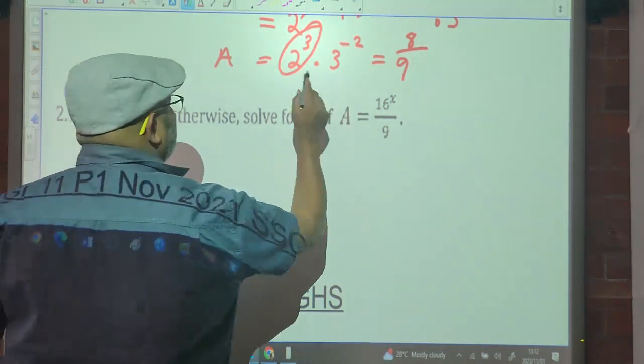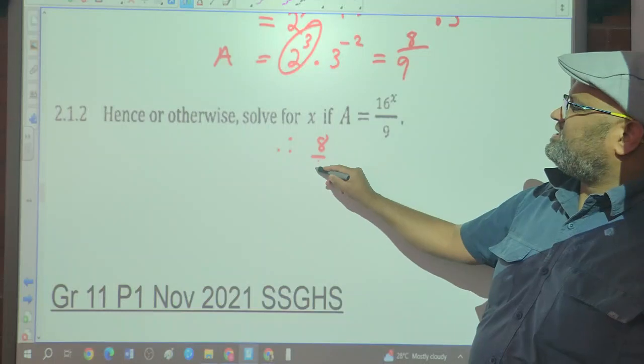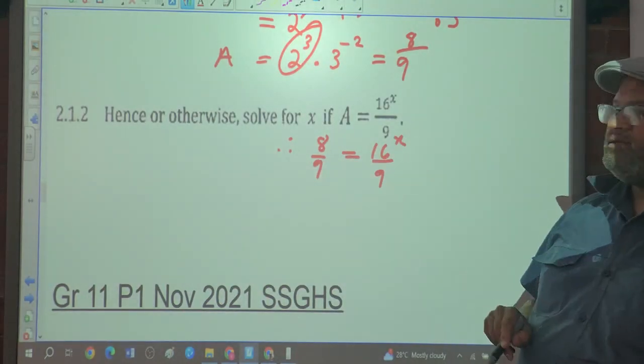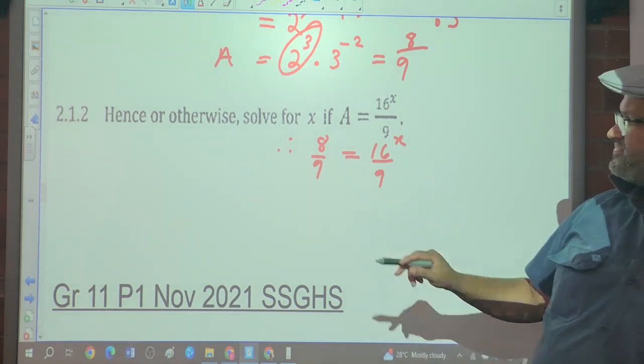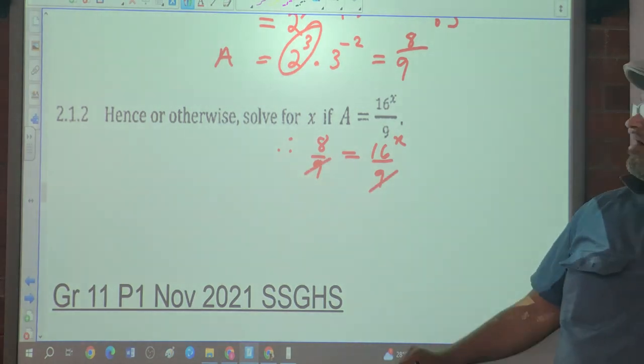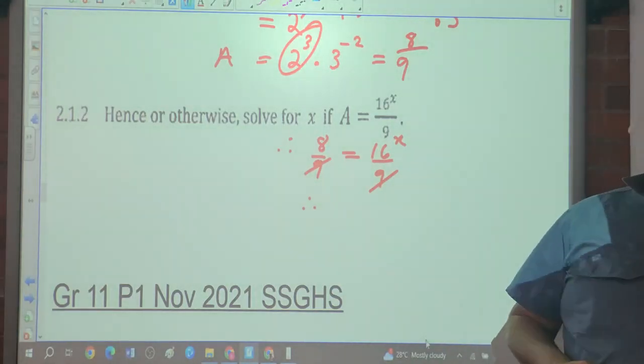So if A is 16 to the x over 9 and A is 8 over 9, therefore 8 over 9 is equal to 16 to the x over 9. What do you notice now? The 9s are the same, so they can cancel. Therefore 8 is equal to 16 to the x.